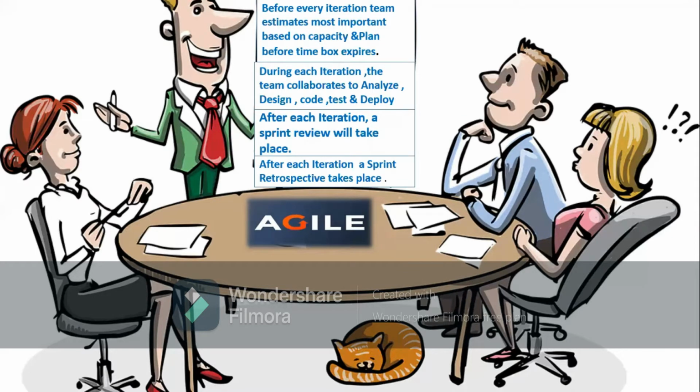Now, during the iteration, the team in every cycle needs to collaborate all together. They perform initial analysis, initial design, coding and testing, and then they deploy. And every iteration undertakes what we call a sprint review.